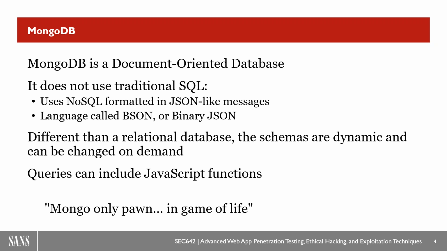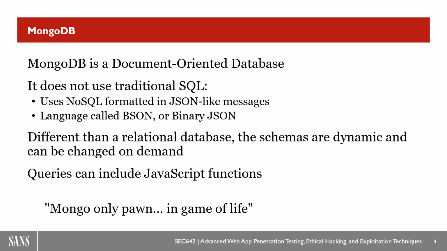So JSON is JavaScript Object Notation. If you're familiar with Python, it's very much like a dictionary. So everything is in name and value pairs. Actually, they're stored in a format called BSON, or binary JSON.